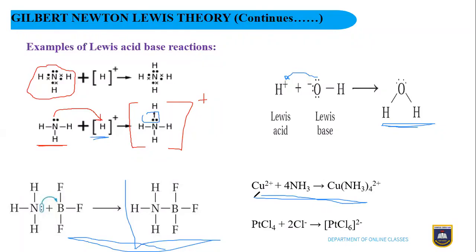Most of them are formed through this coordinate covalent bond. In this case, again, you see ammonia. Ammonia always has lone pairs. You donate it into the empty orbital of copper. Then it gives you this complex, Cu NH3 subscript 4 plus 2, because the charge of copper is plus 2.